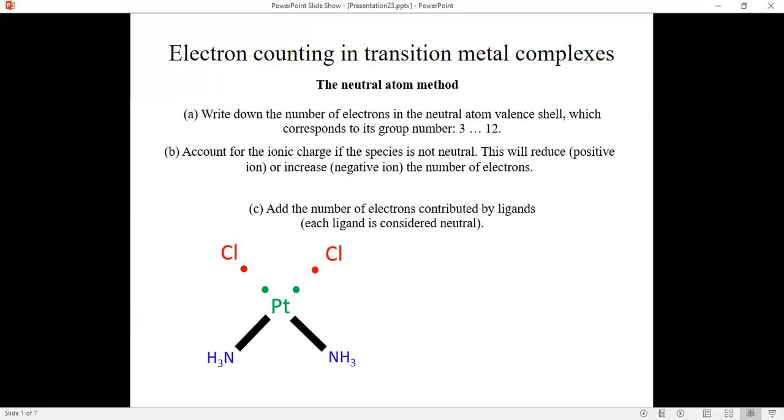Now, how many electrons will that ligand contribute? Well, because we have cleaved our metal ligand bond in the middle, the chloro ligand will only contribute one electron to the bonding. The other electron here would come from the platinum. This is how we would count the electron.